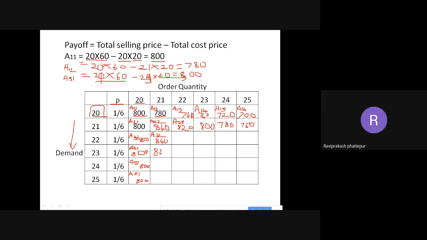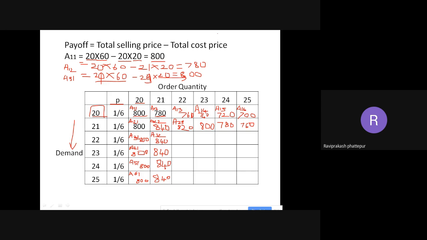It will remain 840 till the end, because my buying capacity is only 21. Even if it goes to 25 or 50, I'll have only 840 because I can sell a maximum of 21 quantities only.